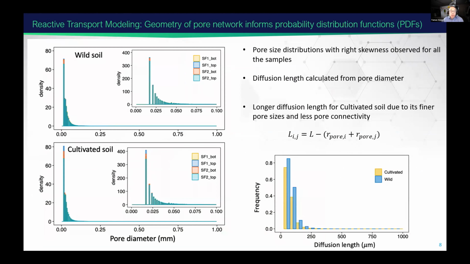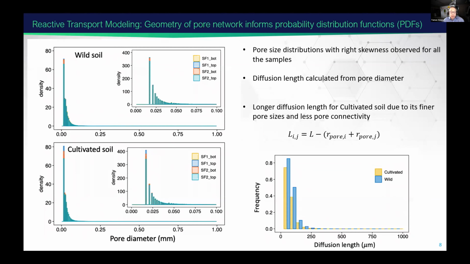So one way that imaging these cores at the APS could really help is the resolution. We have about 27 micron spatial resolution with these 1-inch cores, and as we extract the probability distribution functions for pore information, we get an estimate of the diffusion times for the reactive transport modeling. We of course miss everything below, let's say, 25 microns, and it's also a data issue.